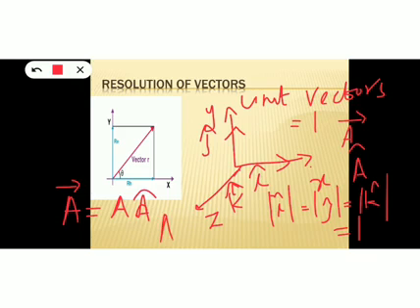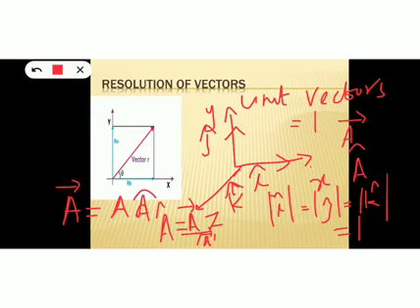A cap, the unit vector, is equal to vector A divided by its magnitude. Okay, so the unit vector is found using this equation. Divide the given vector by its magnitude.